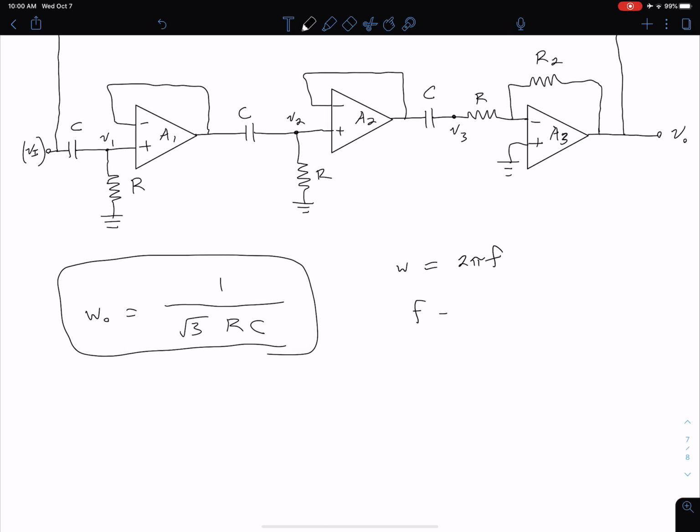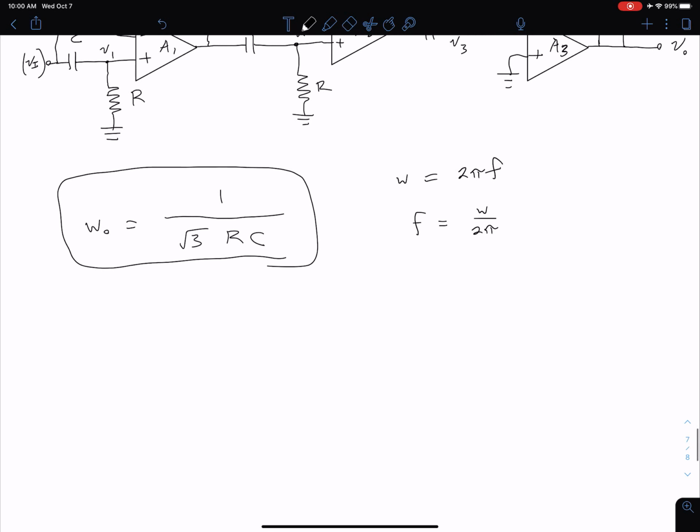Turning that around, f is equal to omega divided by 2 pi. So we have to introduce a factor of 1 over 2 pi into this equation. So f naught is equal to 1 divided by 2 pi in the denominator, and then we have root 3 RC.